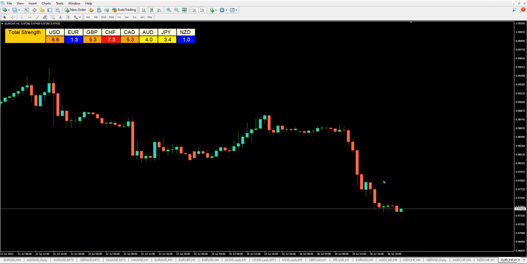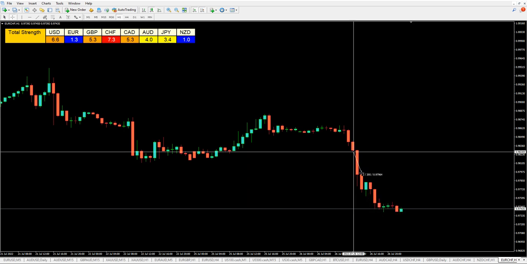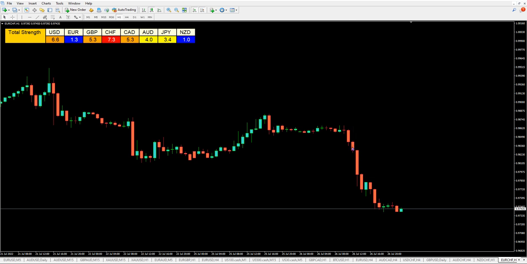And so from here, maybe if this weakness with the euro continues, this supply could even hold. Of course, we have some gaps here between here and this one here that could hold price as well.